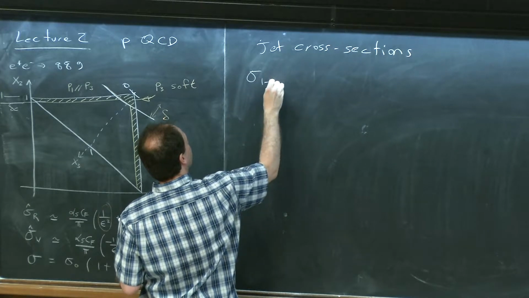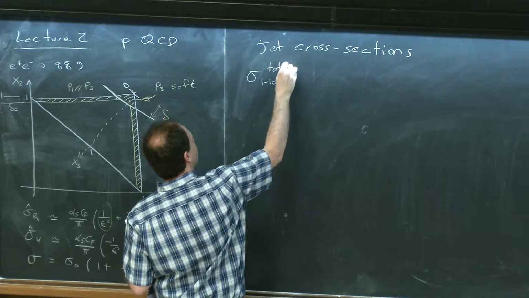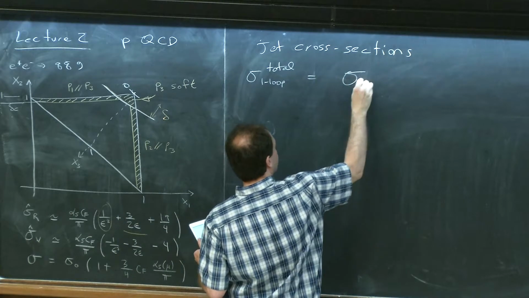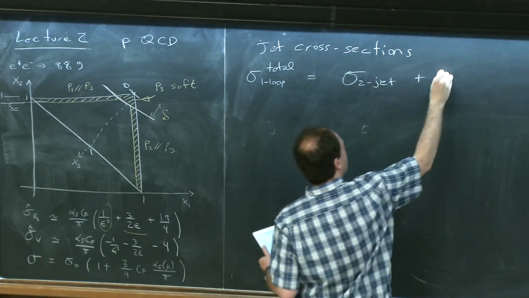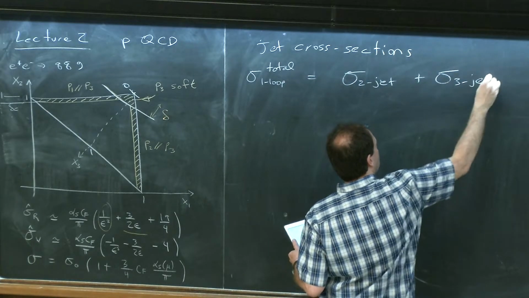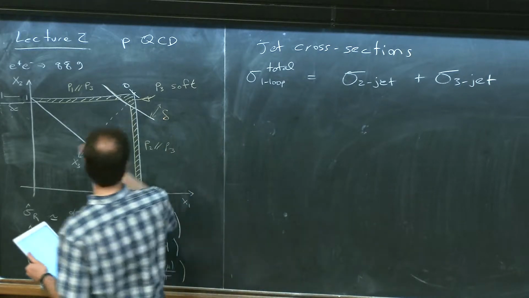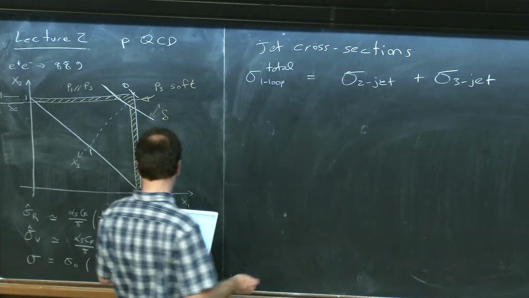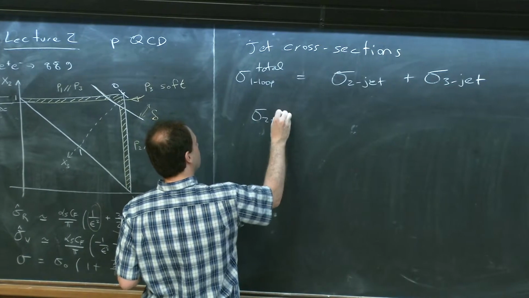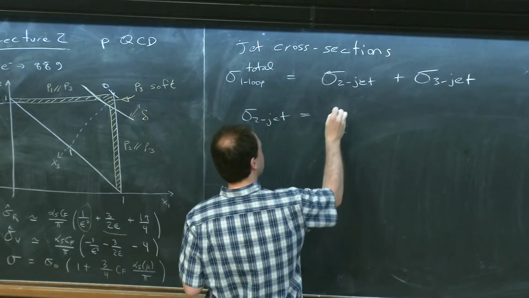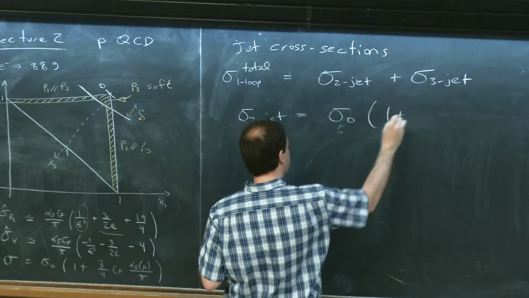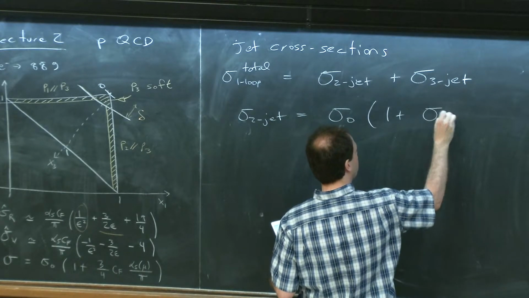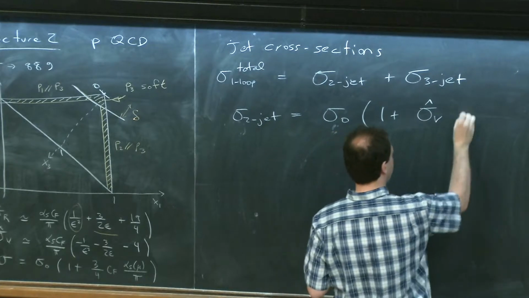So if I think about the one-loop total result, I want to divide it into a 2-jet piece and a 3-jet piece. Let's define the piece in this orange region as the 2-jet, which includes the virtual contribution, and then the rest is the 3-jet. By this convention, in terms of the objects we have, the virtual lives on the edge, so that's in there.